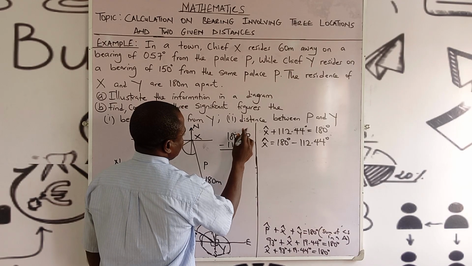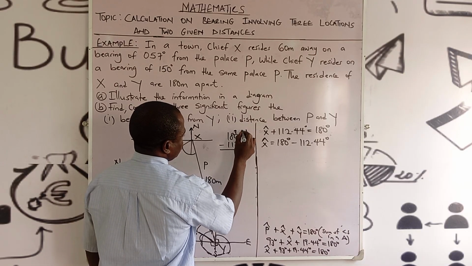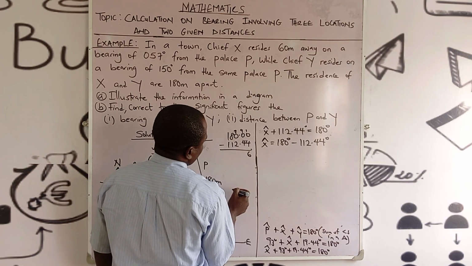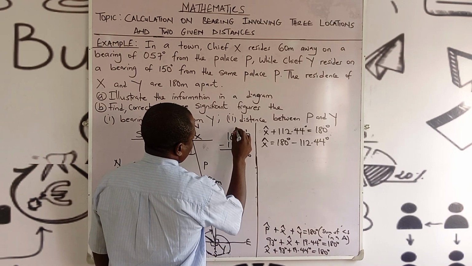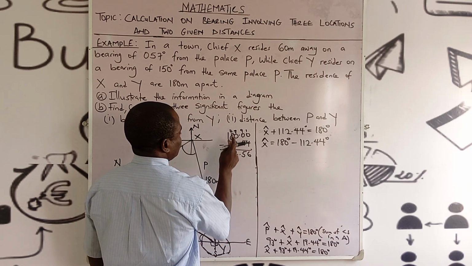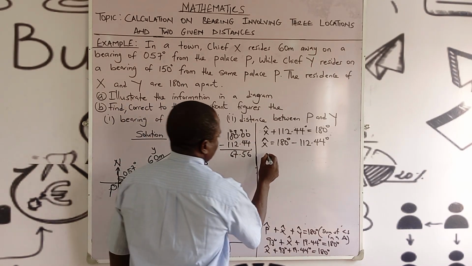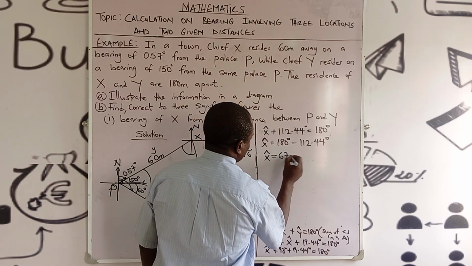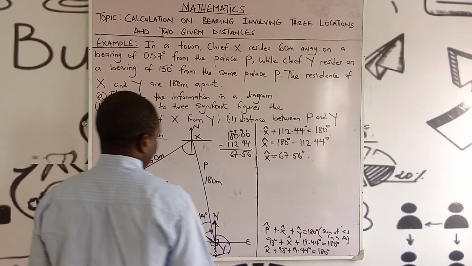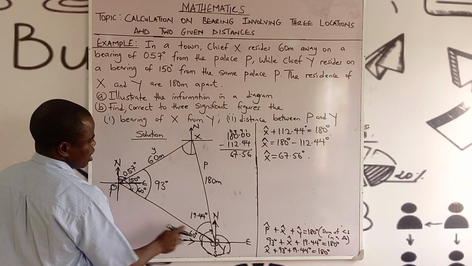Borrow 1 from 10 to make this 0 become 9. 10 minus 4, that's 6. 9 minus 4, that is 5. 9 minus 2, that is 7. When we borrow 1 from 8, it remains 7. 7 minus 1, that's 6. Which is angle x equals 67.56 degrees. And we need to get the distance PY.